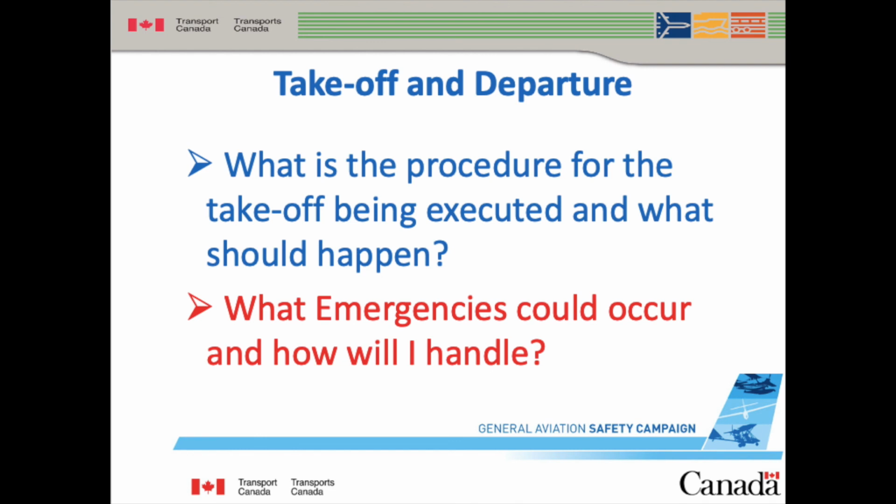Ease back under control. Does the nose wheel react the way I want it? Does it come off the ground where I expect it to? Am I going to go flying or not? So you should review that mental checklist that I just went through. This is what I'm going to look for in the next 15 seconds after the controller tells me clear for takeoff, or after I decide that I'm good to go.